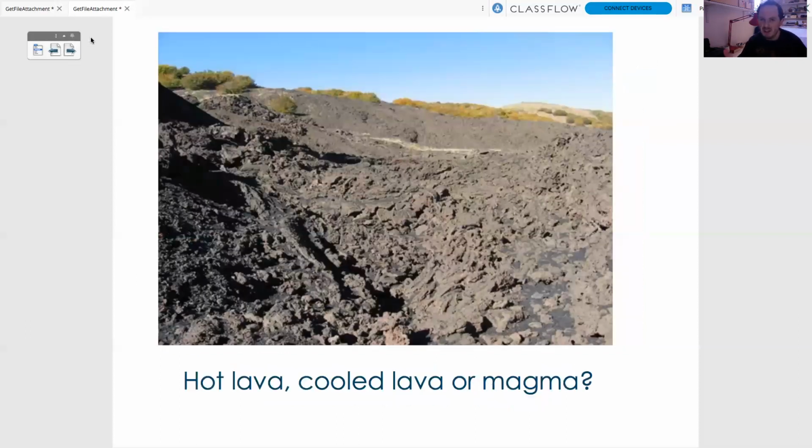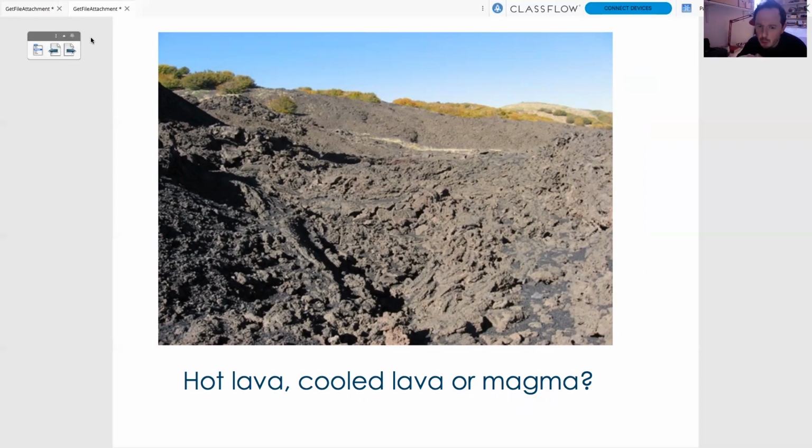What about this? Have a look at this. Now, this is the side of a volcano. And this isn't just regular soil, but have a think. Is this hot lava, cooled lava that's cooled down, or is it magma? Have a think. What do you think? Ooh, it's very crackly and rocky.